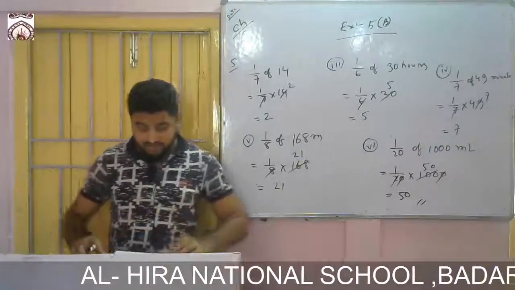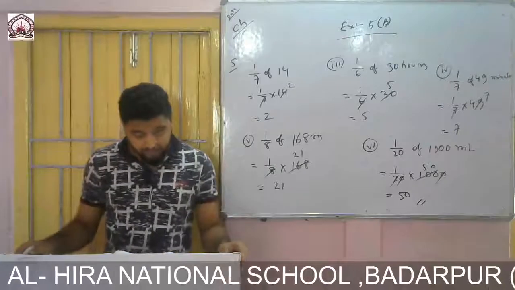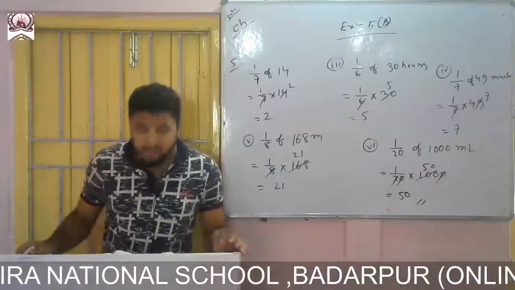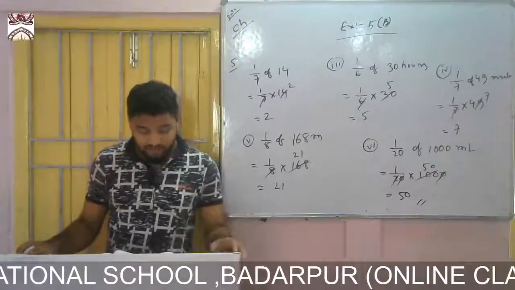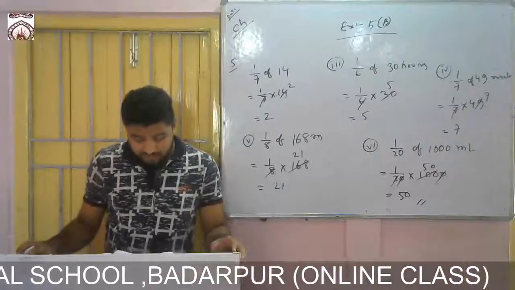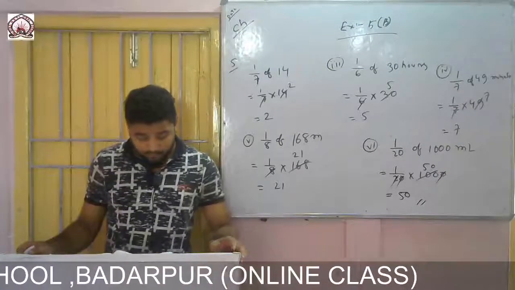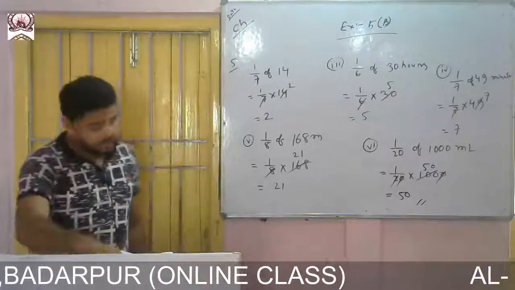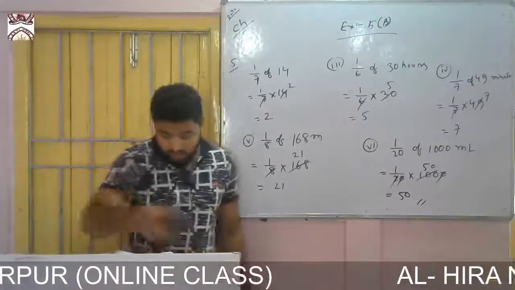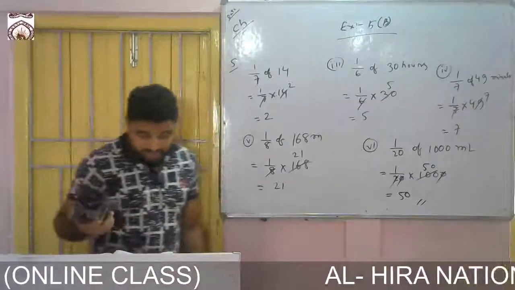Now come to question number 6. Find 2 by 5 of 30. Same thing. 2 by 5 of 30. 3 by 11 of 44. Like this, so the same thing we need to do. So see what? 2 by 5 of 30.